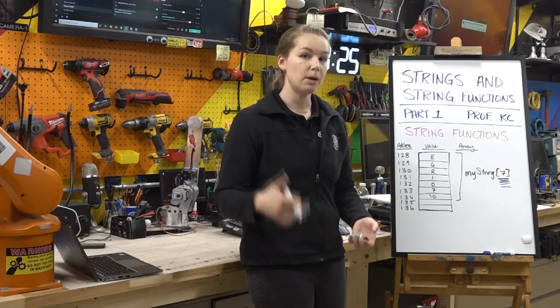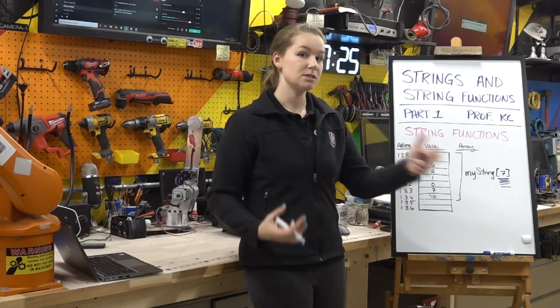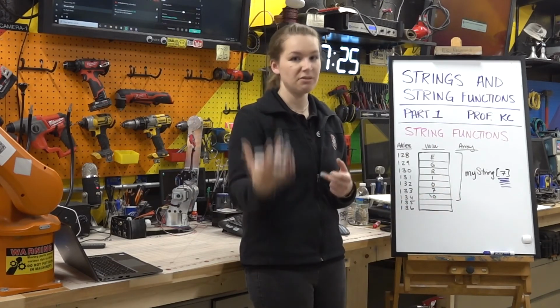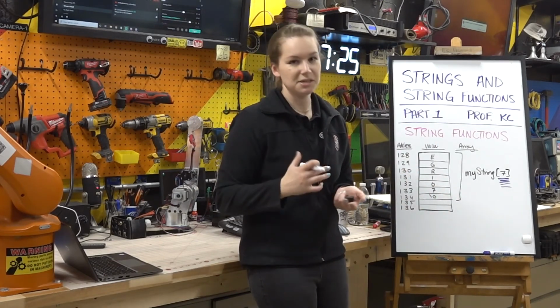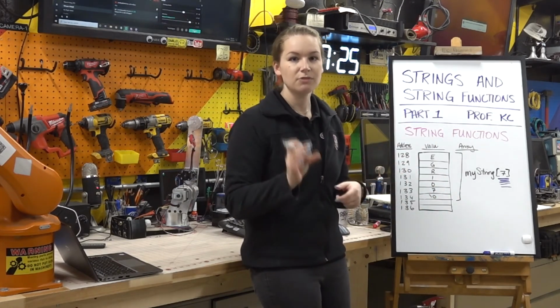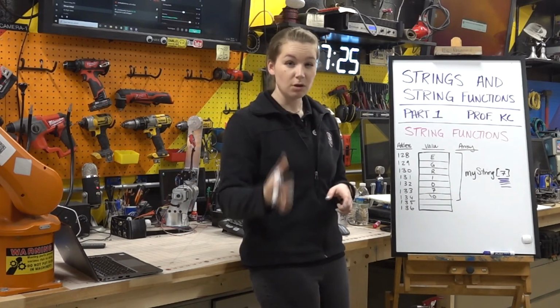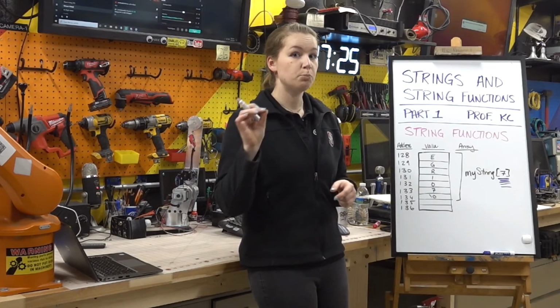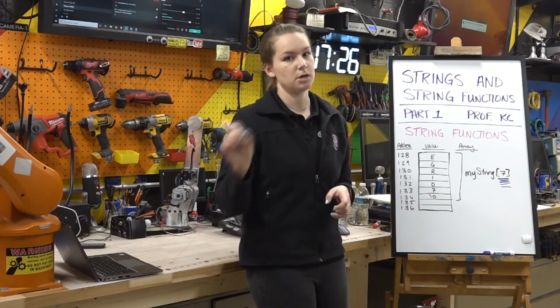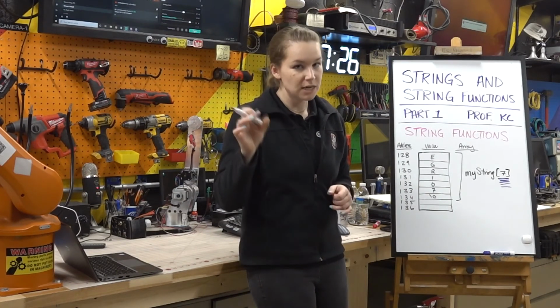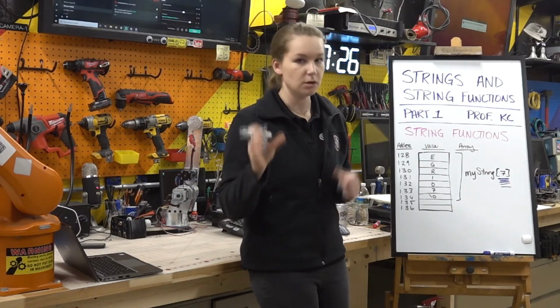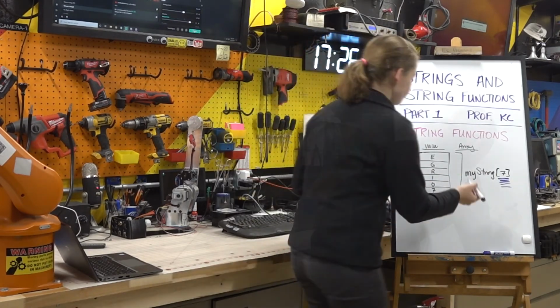So when you think about printing and using scanf and printf and fgets and fputs and puts and gets and all the string functions, you have to remember you're using an actual pointer. So if you get errors in your code, they're going to give you pointer errors and likely data type pointer errors. So make sure you understand that you're actually using a pointer when you use the name.